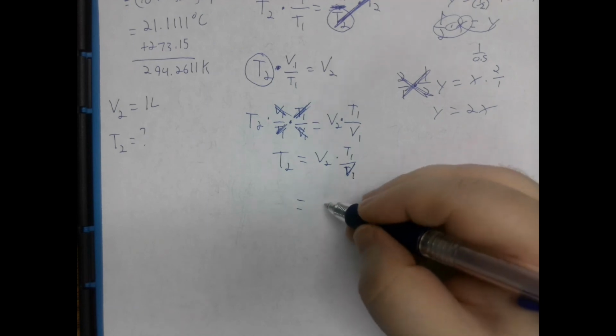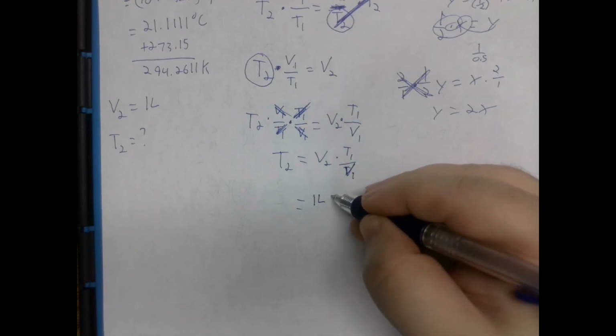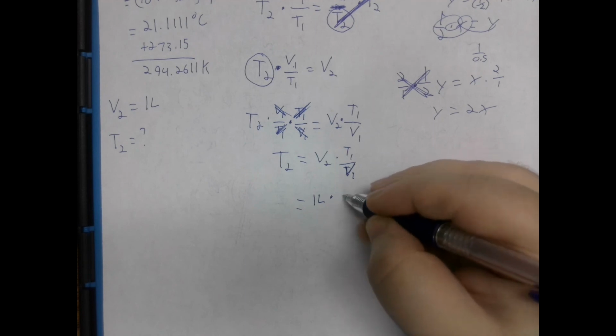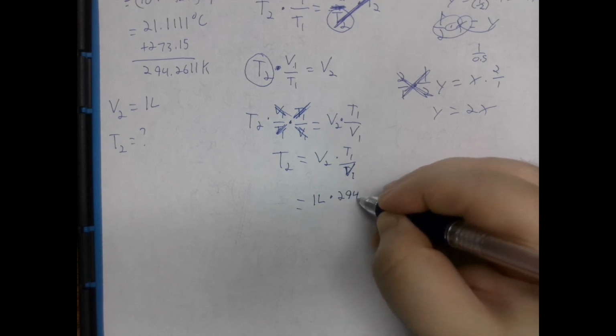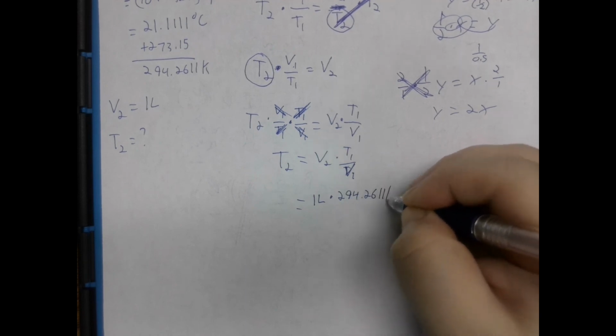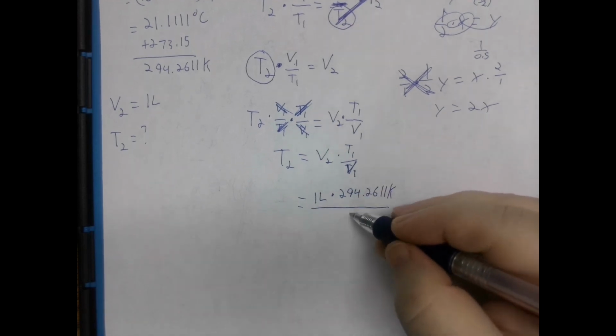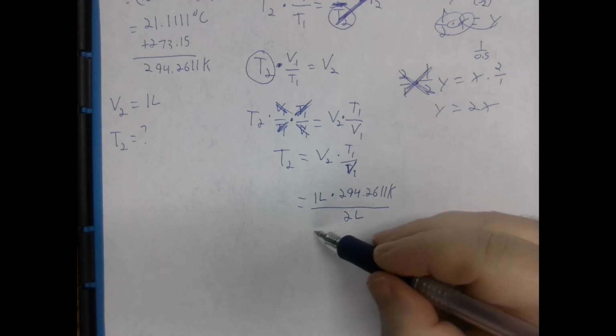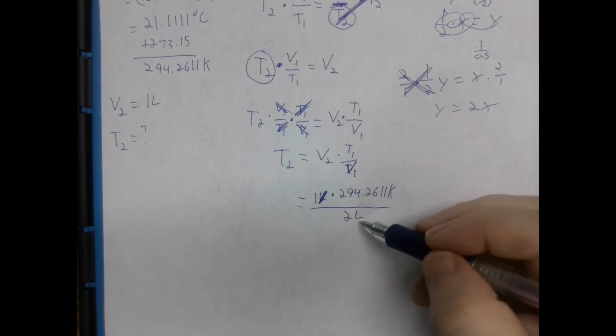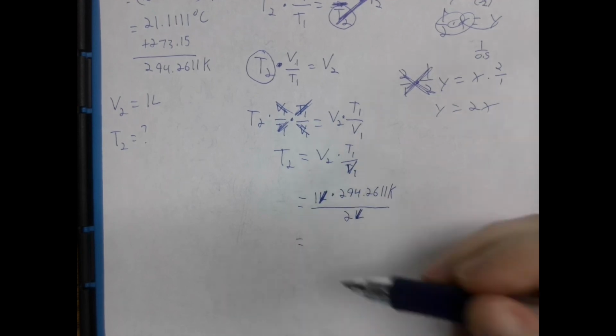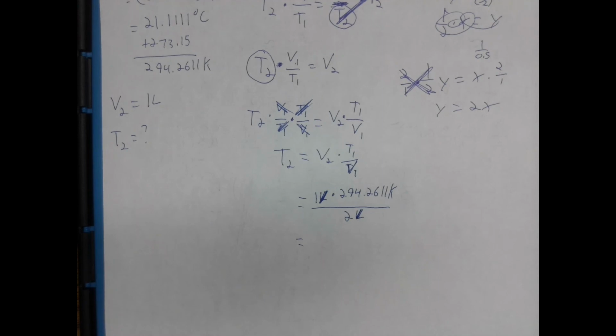Volume 2 was 1 liter. Temperature 1 was 294.2611 Kelvin, divided by volume 1, which is 2 liters. Liters cancel each other out, leaving us just with the temperature in Kelvin.